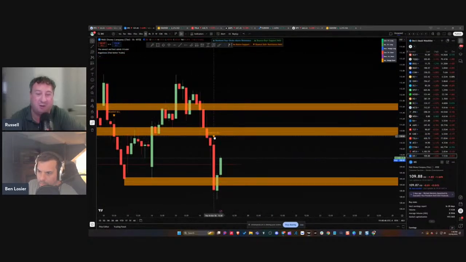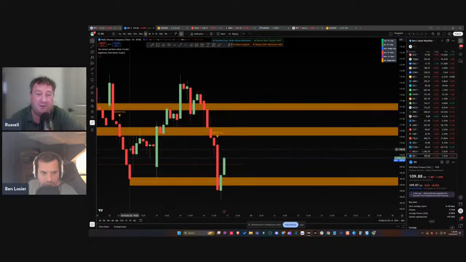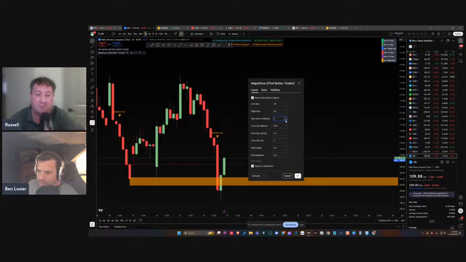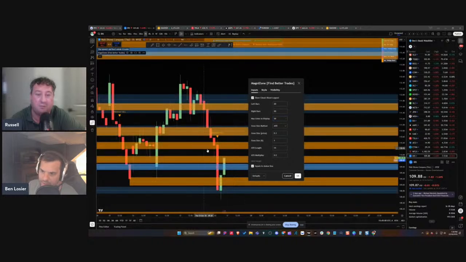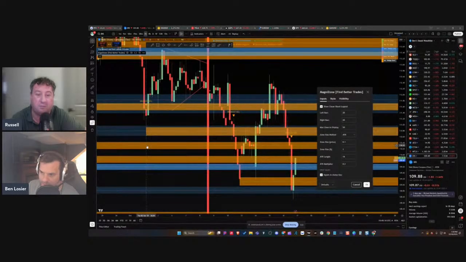We had a breakout on Disney. That was a recent one, and what I like about this is that because it could get a little bit crazy, I even have it where it can show the most recent ones. This could get a little insane on the chart, but I've done this a few times: these are all of the previous support and resistance zones.